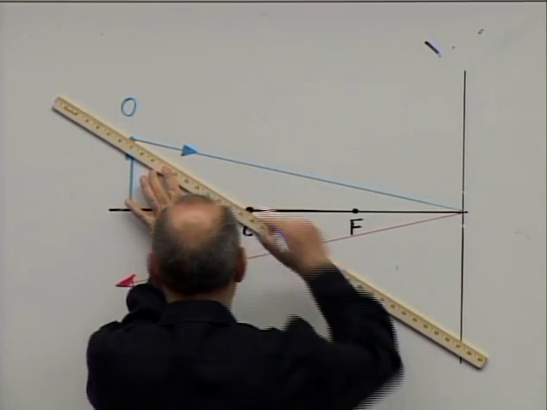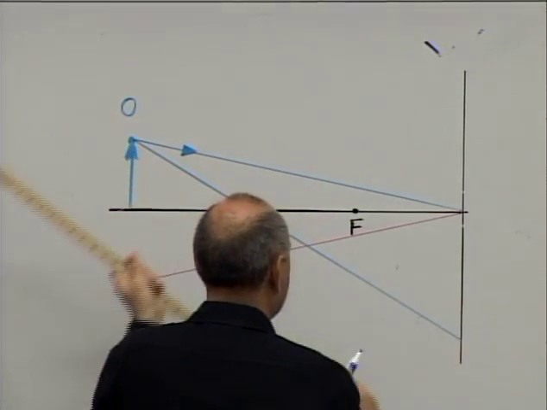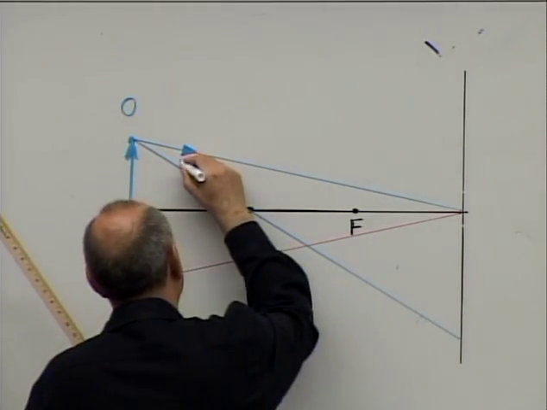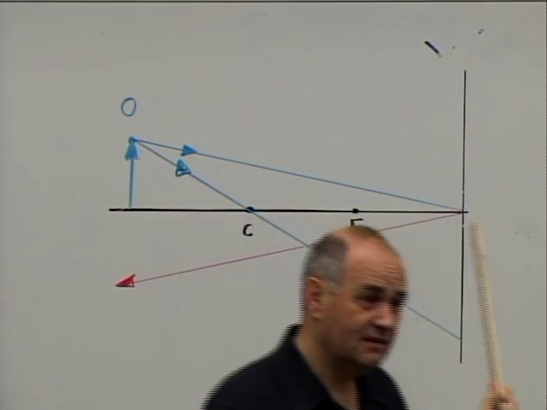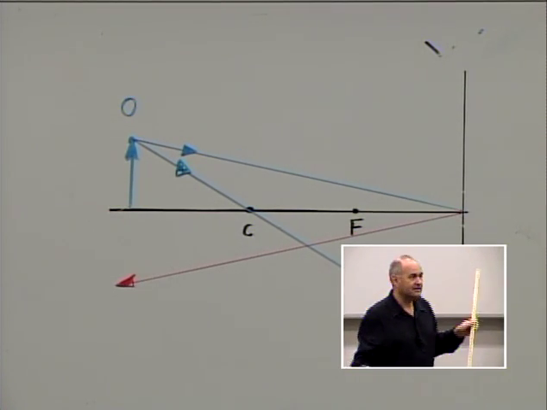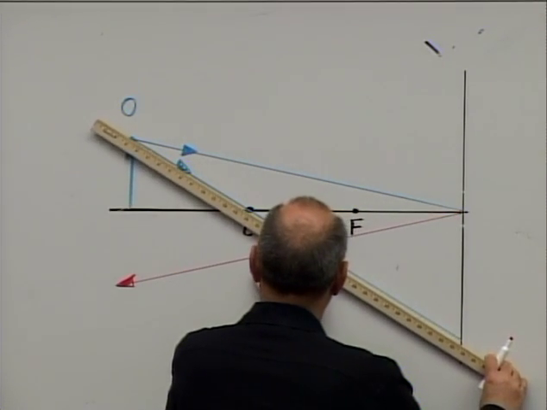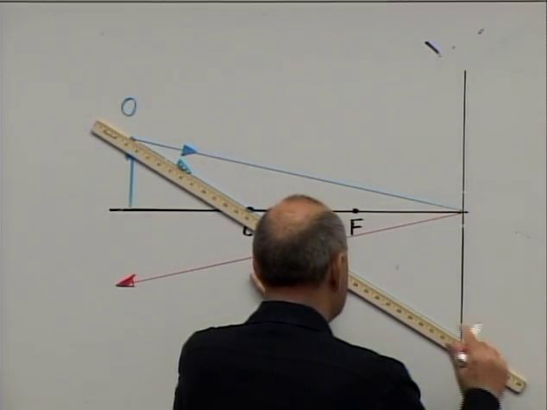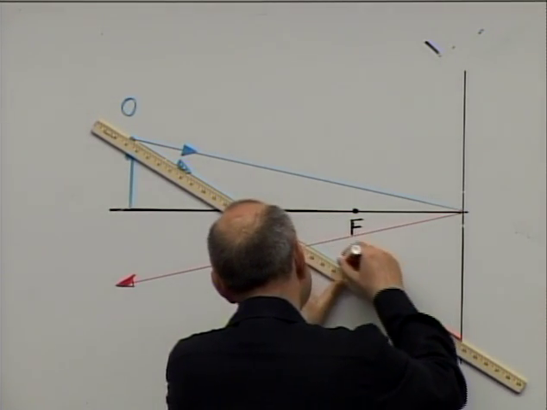So here is the object normal ray. And how is it going to be reflected? Along the same line, right? The object normal ray after reflection becomes the image normal ray.